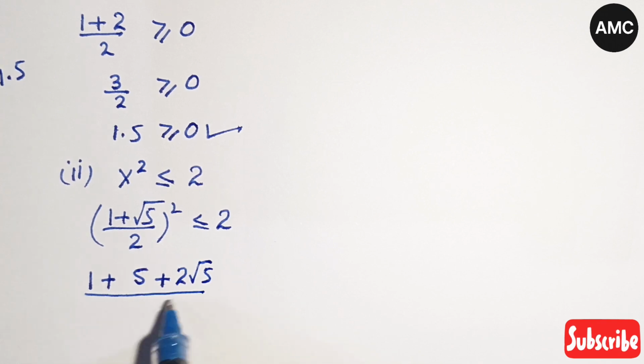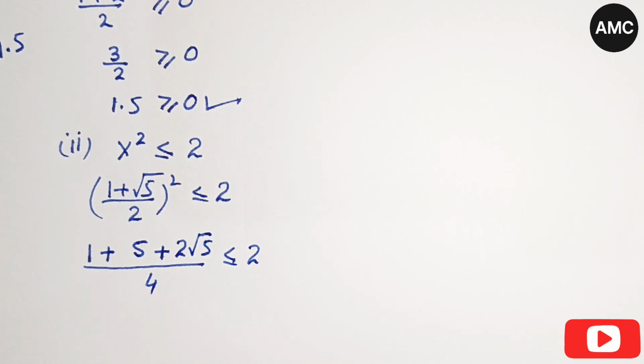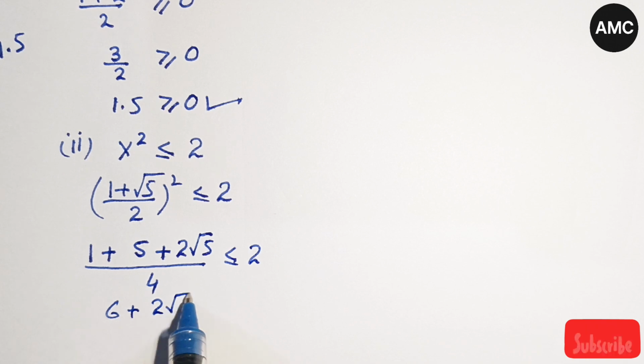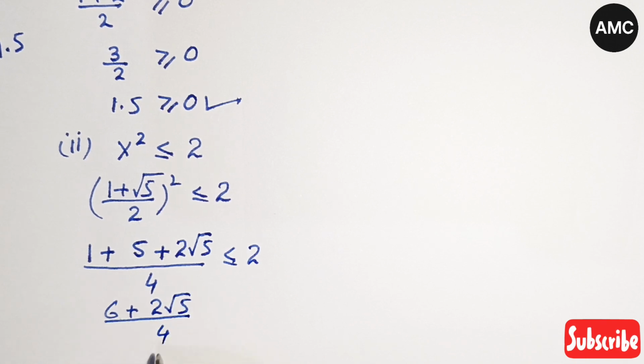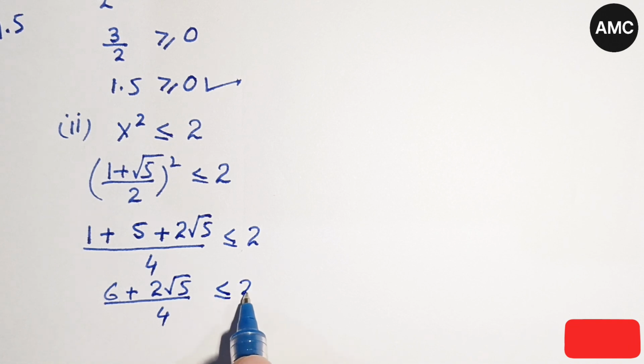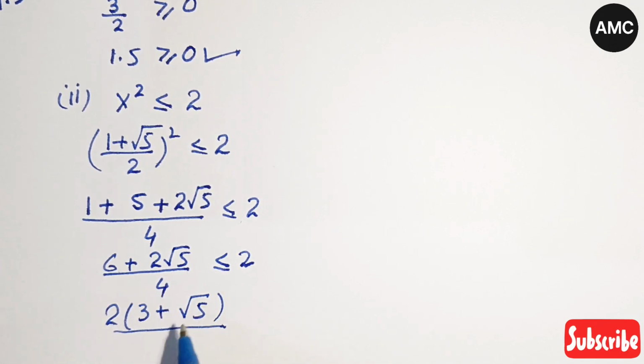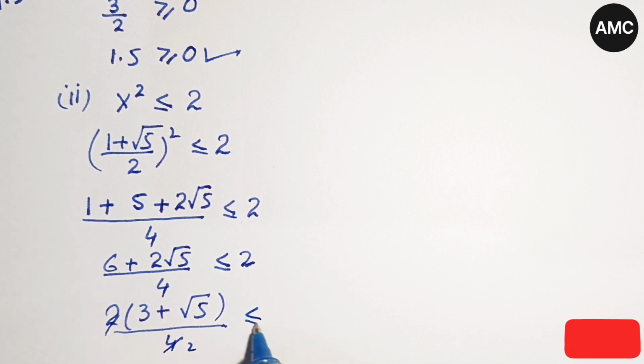Here we have 2 squared is 4. So 5 plus 1 is 6, 6 plus 2 times square root of 5 over 4, is less than or equal to 2. If we take 2 common, we have 3 plus square root of 5 all over 4.